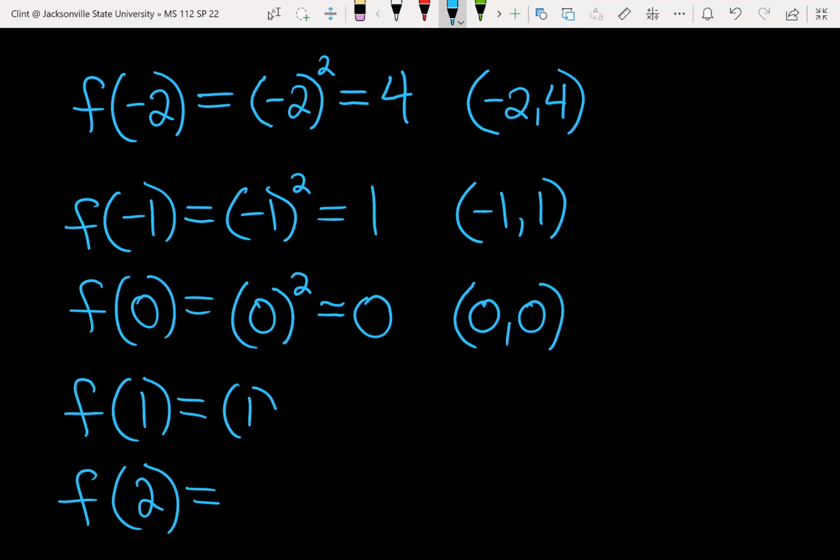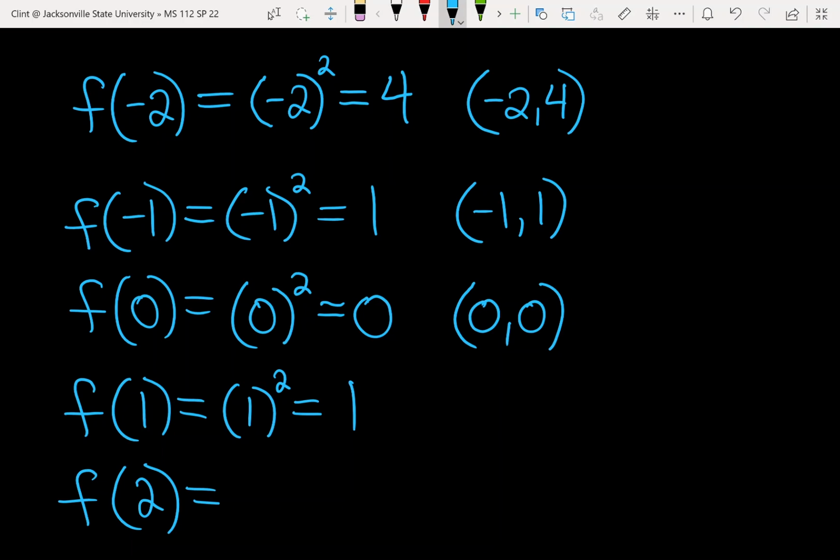What about if we try 1? We get 1 again as our output. That's okay. If you're thinking hard enough, you might think that might make it not a function. But this is okay because every input we're using goes to exactly one output.